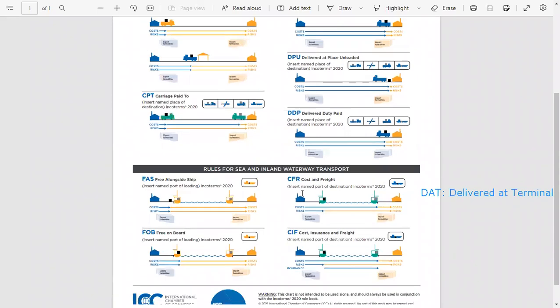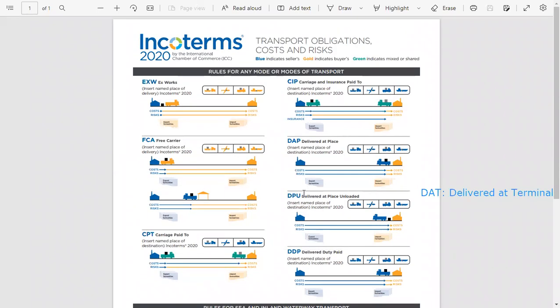Regarding the question of Incoterm, first they're asking about the group of Incoterm, like E, F, C, D. And second, they may have a question on the full name of the Incoterm, like what is the full name of DDP?